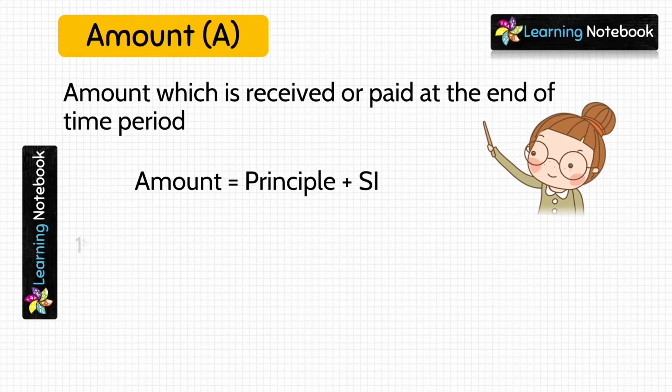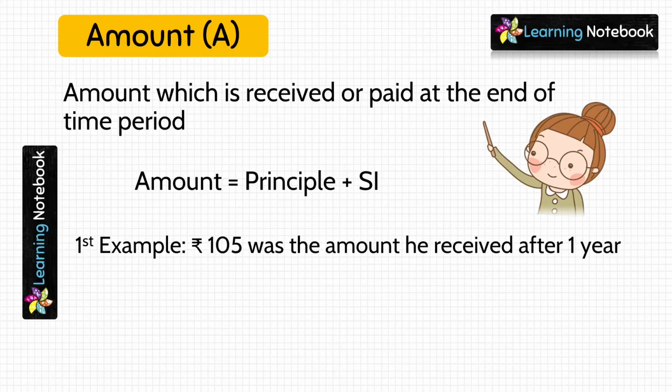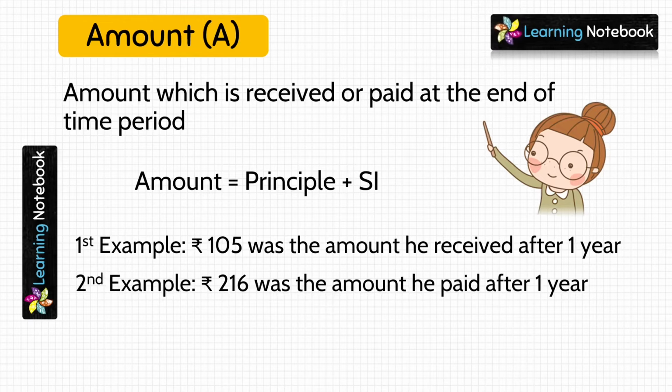In our first example, rupees 105 was the amount Amit received after 1 year. And in the second example, rupees 216 was the amount he paid after 1 year. So students, now we have learned all the terms related to simple interest, which are principal, rate, time and amount.